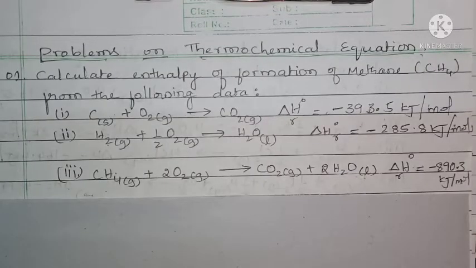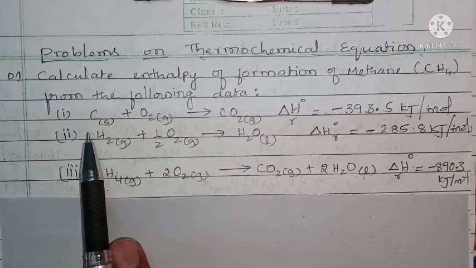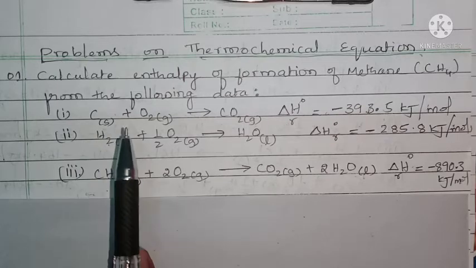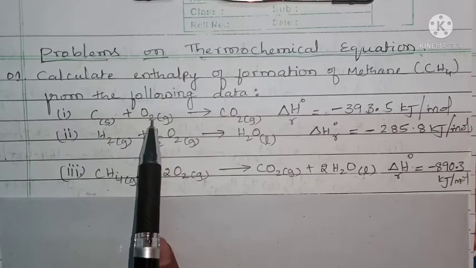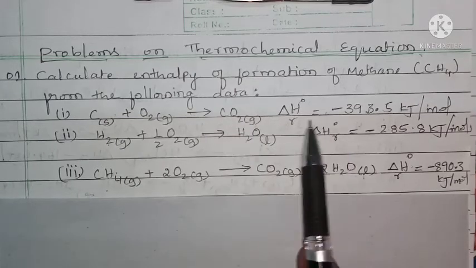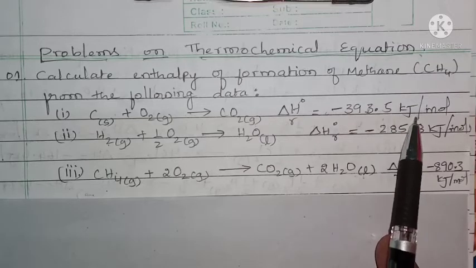Okay, first problem. Calculate the enthalpy of formation of methane, CH4, from the following data. The three thermochemical equations are given. Carbon plus oxygen gives carbon dioxide, enthalpy of reaction minus 393.5 kilojoules per mole.